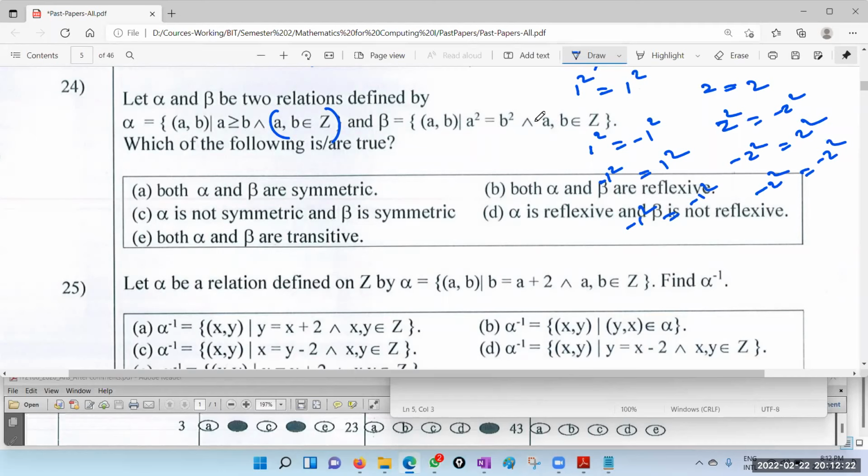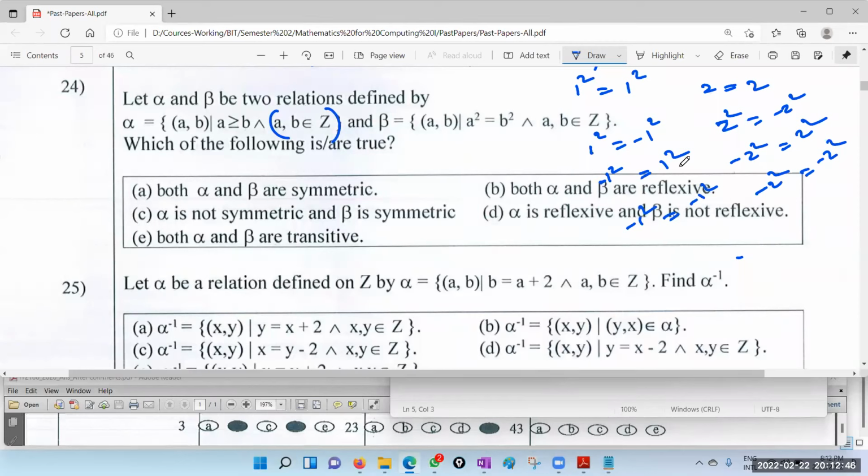That means the same numbers 1, 1, 2, 2, 3, 3, 4, 4, 5, 5, and not only that, 5 and minus 5, minus 5 and 5, minus 5 and minus 5. All these possibilities are there for all the numbers. And also 0, because 0 squared equals 0 squared. 0 is a special case, because there's nothing called minus 0.